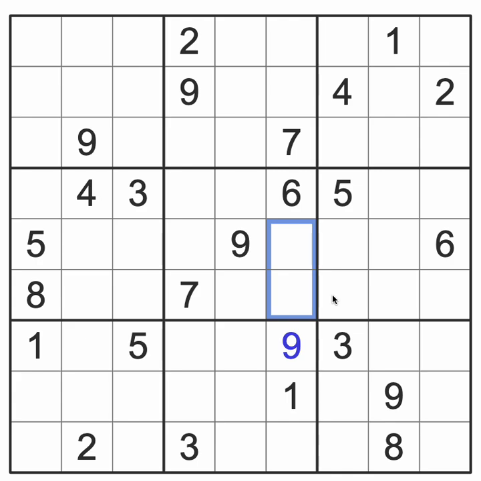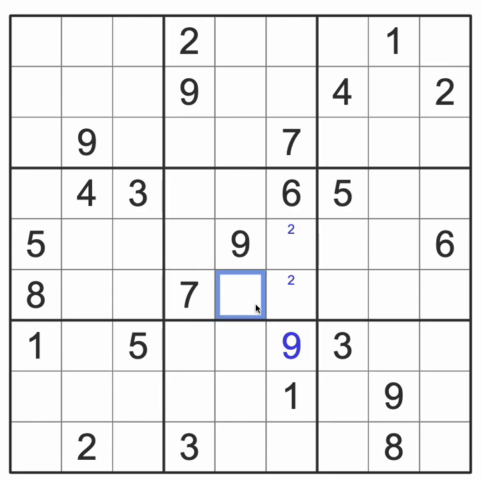So 2 will be here or here. I usually don't do this, but 2 will have to be here or here. Now, because they are both in box 5, let's look at box 5. So 5 here blocks these 2. 5 here blocks these 2.